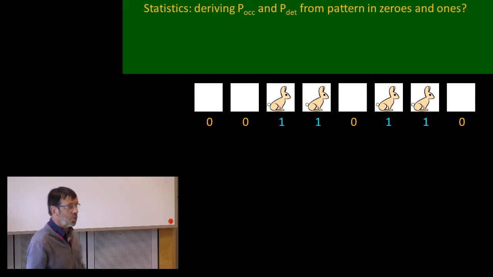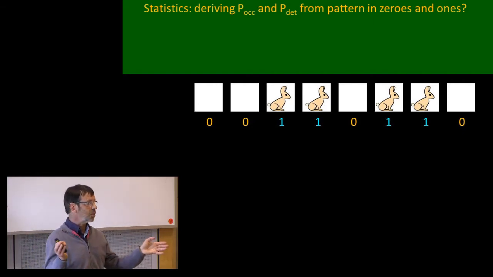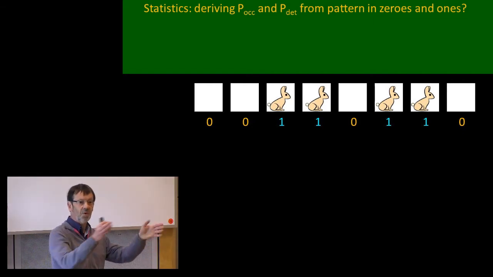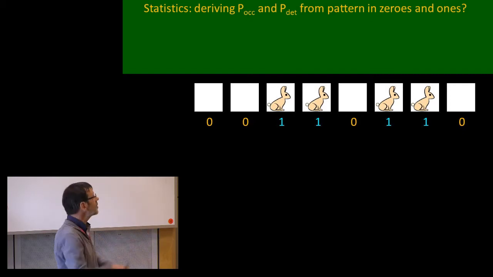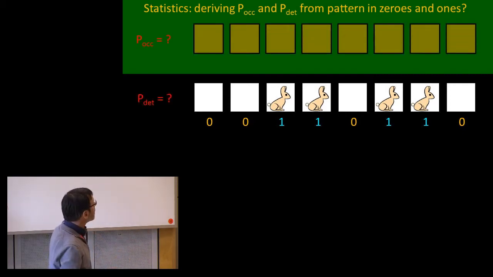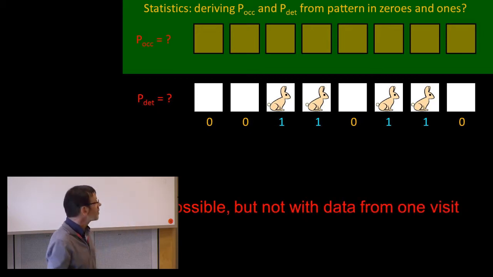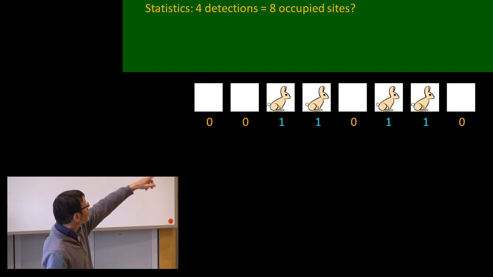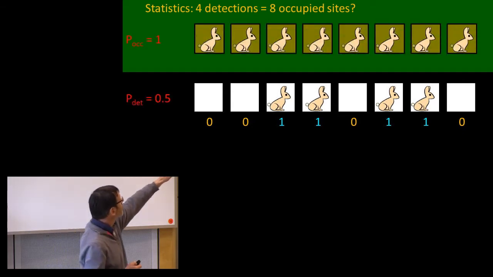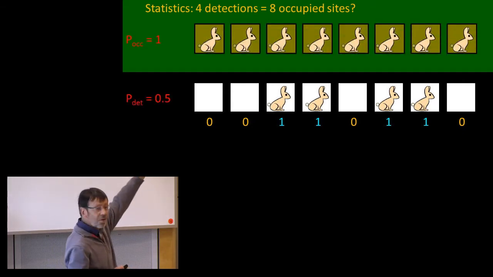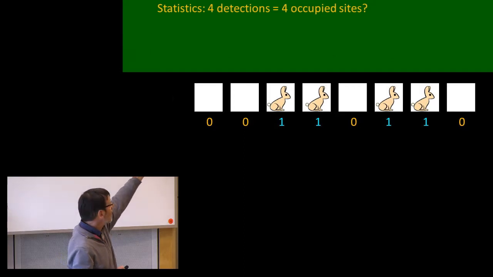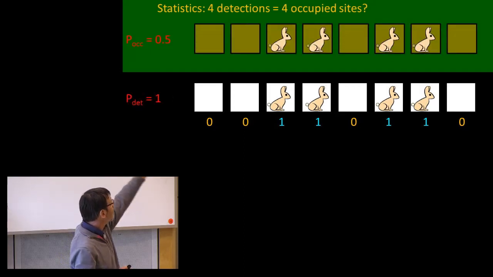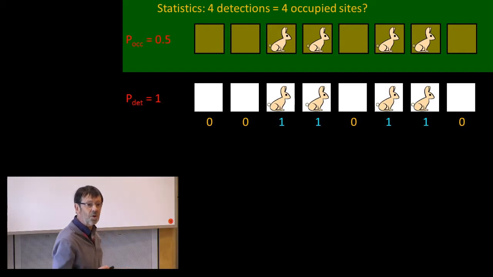An interesting question is, of course, if you only know those zeros and ones, could you infer your occupancy and your detection from there? You can, but not with 1 visit. Because if you have only 1 visit, 4 rabbits could mean 8 occupied sites, or 4 rabbits could mean 4 occupied sites, just depending on detection and occupancy.